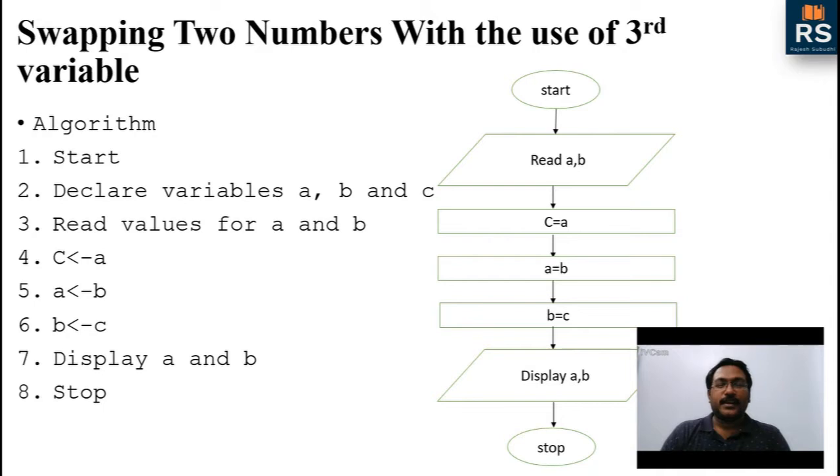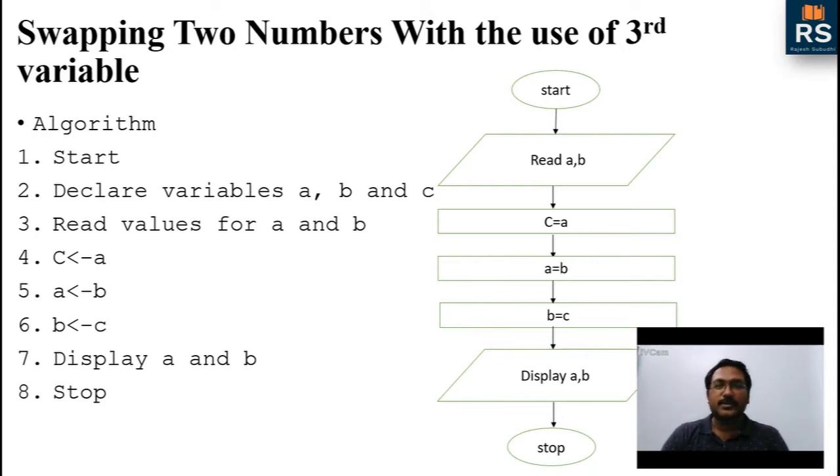Suppose we take a equal to 2 and b equal to 3. Then at the end of the program, the value of a should be 3 and the value of b should be 2. The values of those two variables will be swapped with each other. For that we need another variable, that is c. So the second step is declare variables a, b and c.